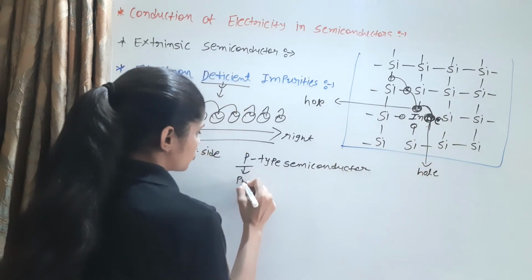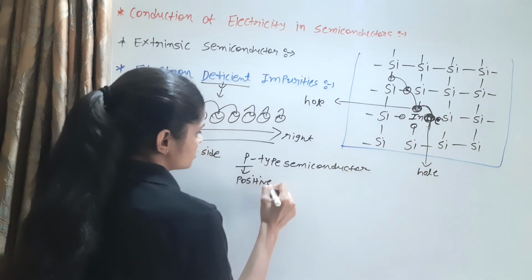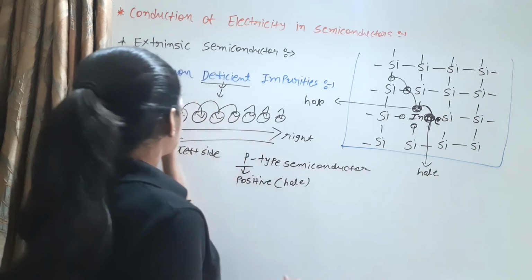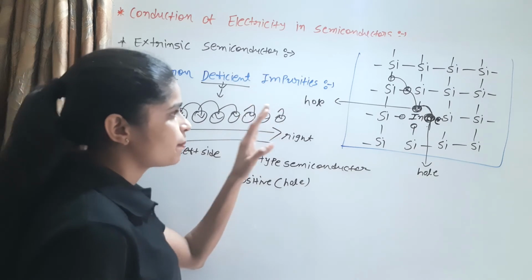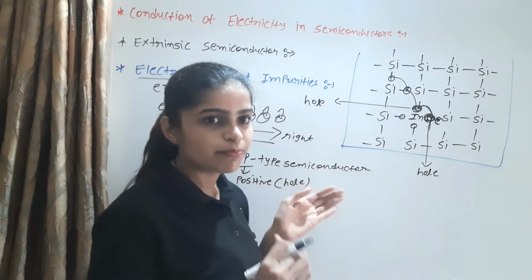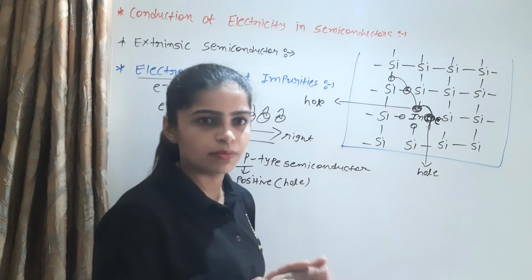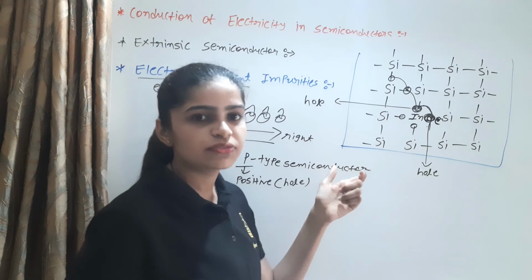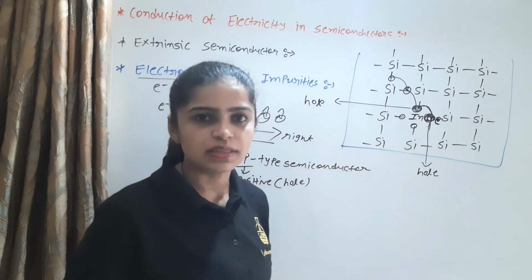This P means positive charge, and another meaning, this is known as the hole. So that way, an electron deficient impurity produces electrical conductivity by the presence of the positive hole, and an electron rich impurity produces electrical conductivity because of the free electron present.